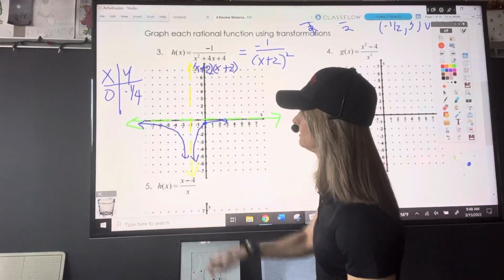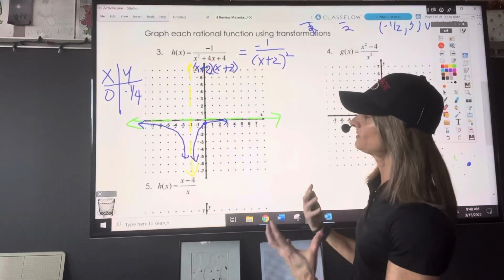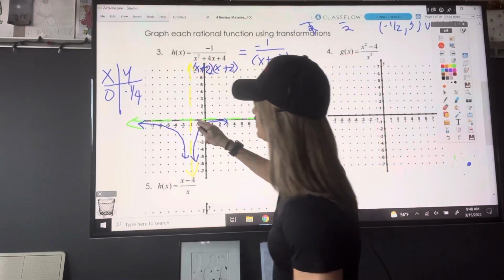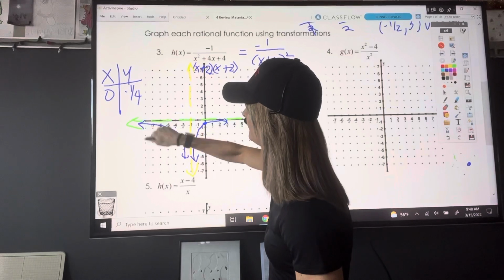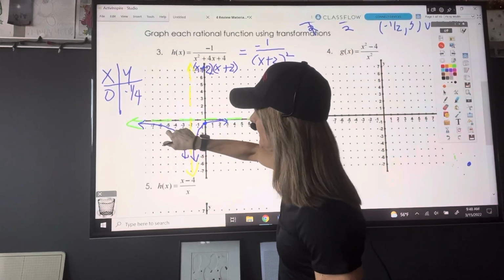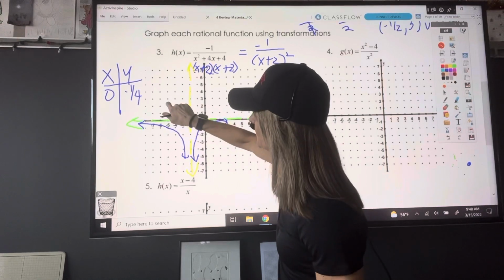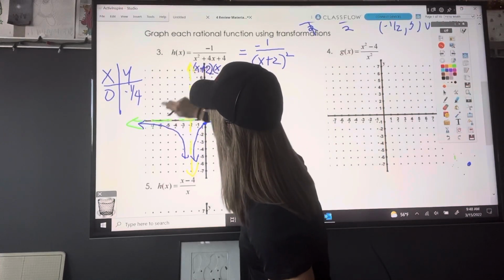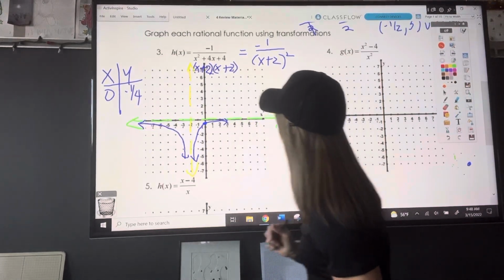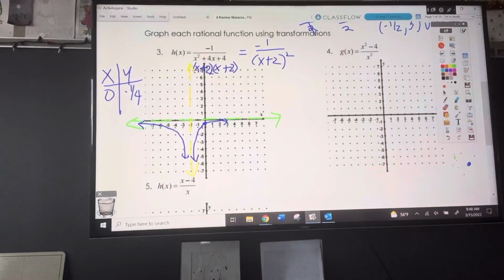So I knew it was down here. But again, if you didn't have that information, you can just pick a value. Just plug in -5 for x and see what you get for y. You're going to get a value down here. If you had a value up here, then you would know the graph would be up here. So you don't really need that many points to graph. You just need the general shape of the function.